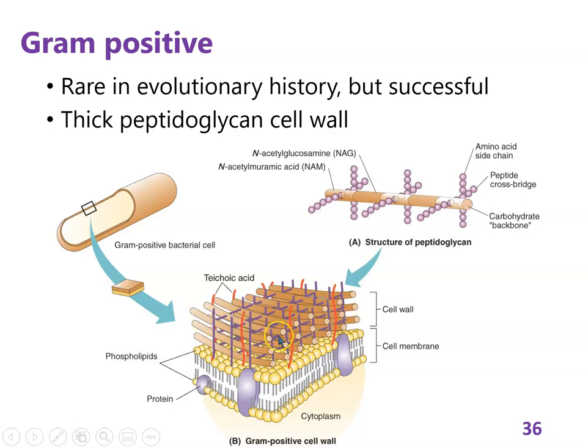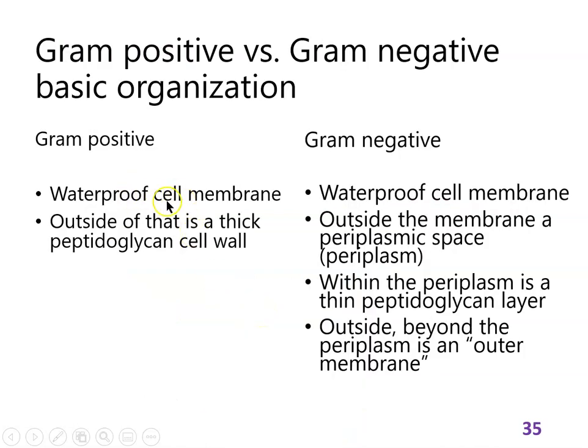Just sheets and sheets of this tough polymer. And this is showing you the carbohydrate chain and the amino acids that connect it to the other carbohydrate chains. So that's what all this is. So waterproof cell membrane, outside of that is a thick peptidoglycan cell wall.